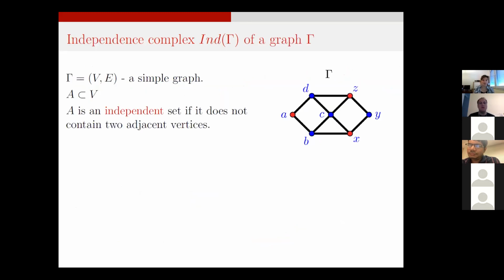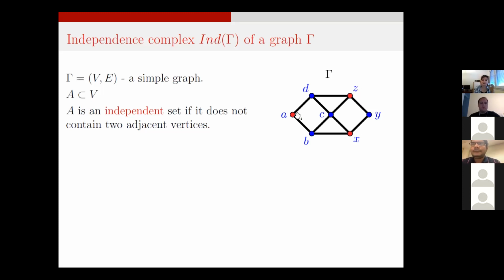And here I'm going to mention another one, the independence complex, because it's related to the matching complex. I'm just going to use another name for the graph, let's say gamma, for a reason that will come later. I look at this gamma, and at first I define what an independent set is. For example, the set of these three vertices is independent because it does not contain any two adjacent vertices, right?